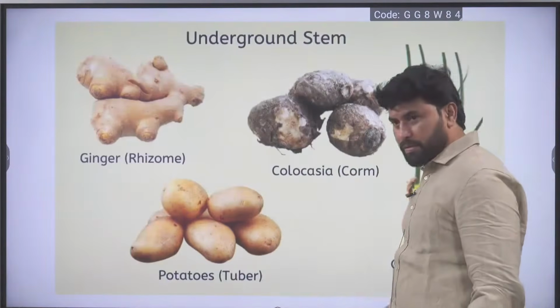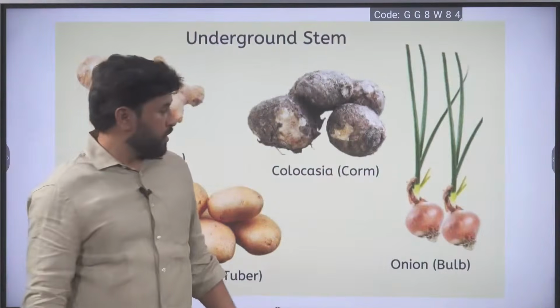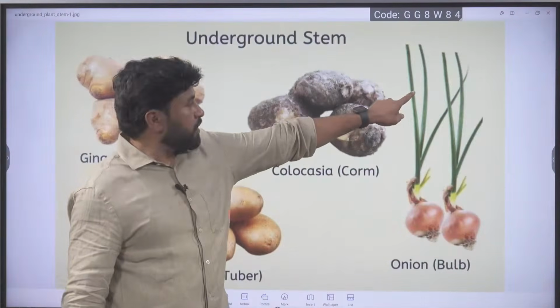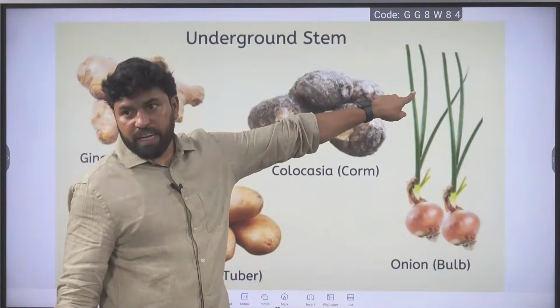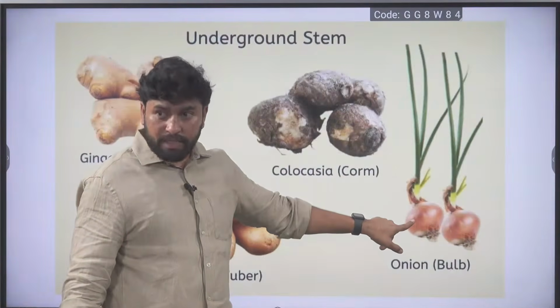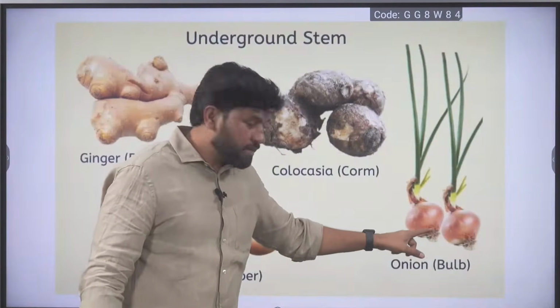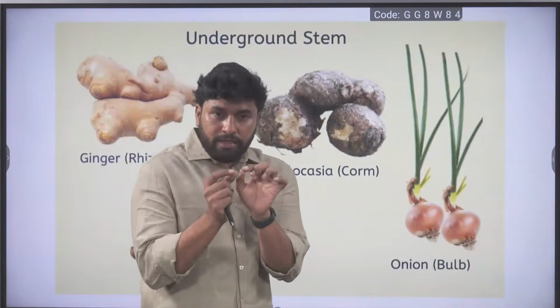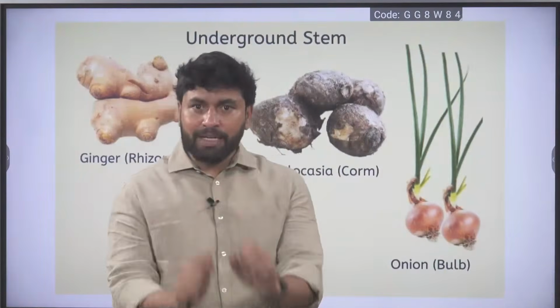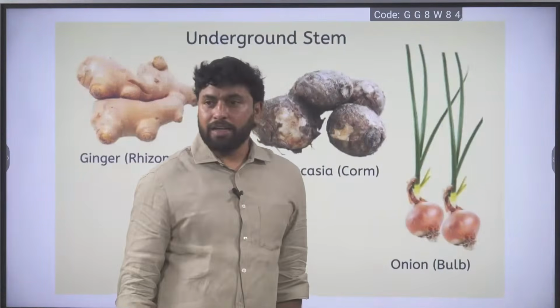These are potatoes, well-known things, which are storing starch. This is onion. Careful. This is leaf, the green part. The swollen parts are leaf bases, and this area where the stem is concised, where roots are attached, that part is called what?